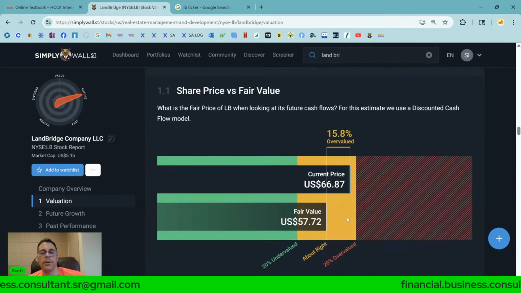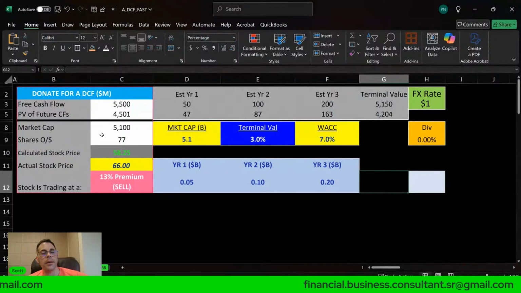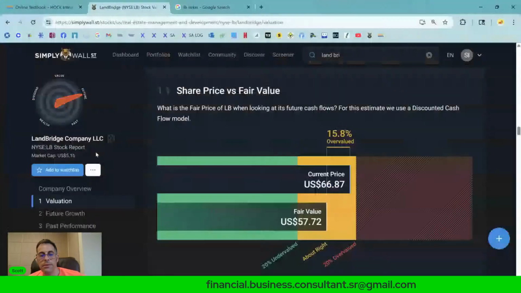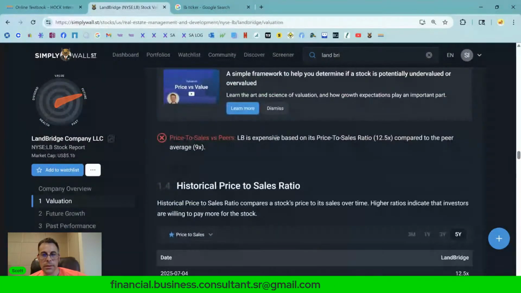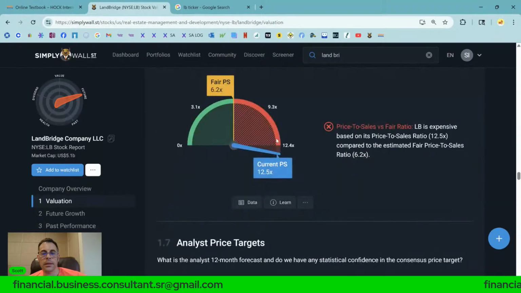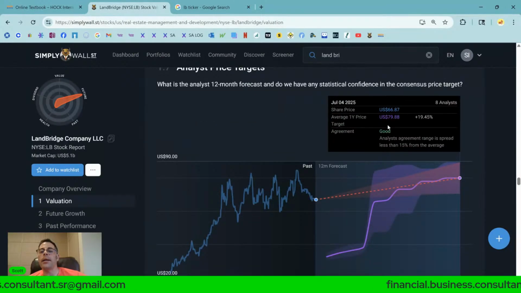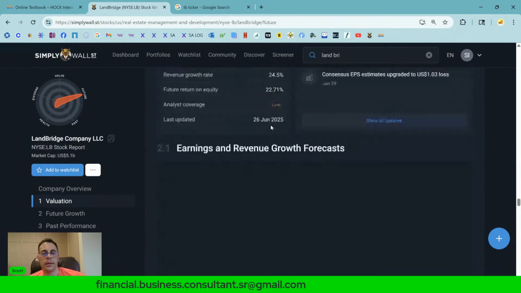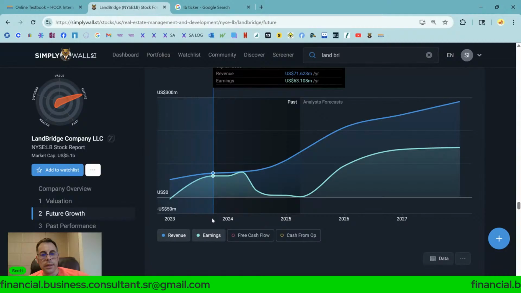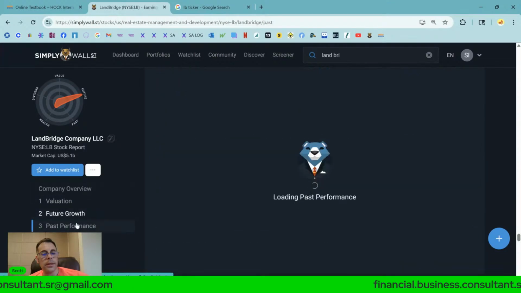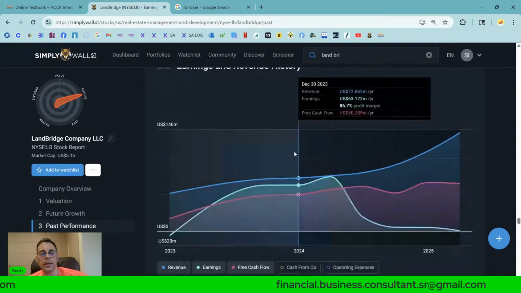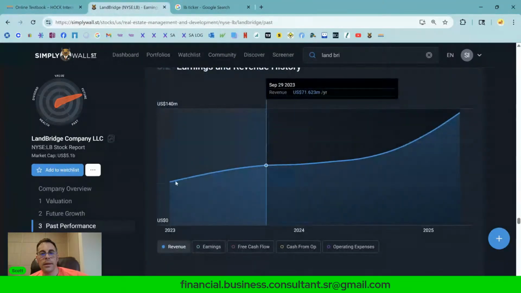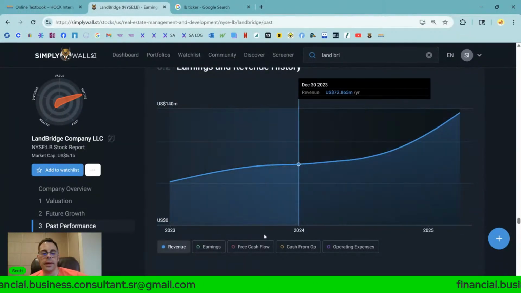Let's see. Simply Wall Street's at 58. That's really close to me. That's almost identical to me. I'm at 58. Eight analysts at $80. So they say it's undervalued. It looks pretty good. The financials look really good. Lots of growth. 51 million, 130 million.